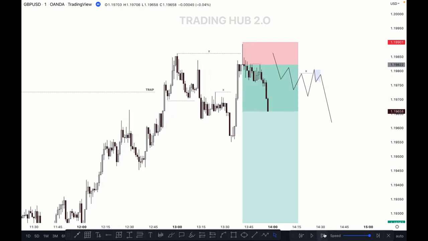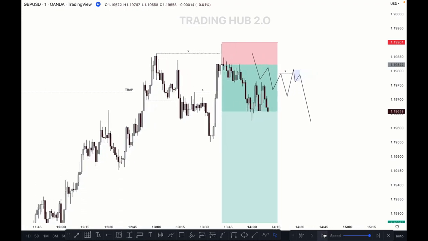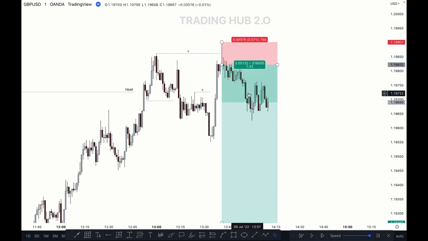The market did not sweep the liquidity, okay, and the market is pushing downside. Let's see. And one more thing you have to understand here: we can see the market has taken out the first inducement, which is here. Let me show you.